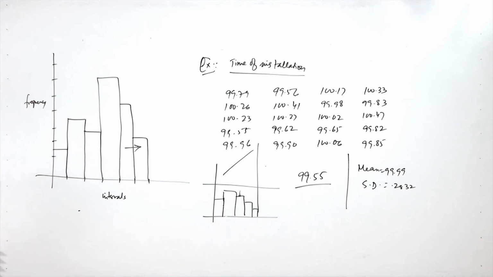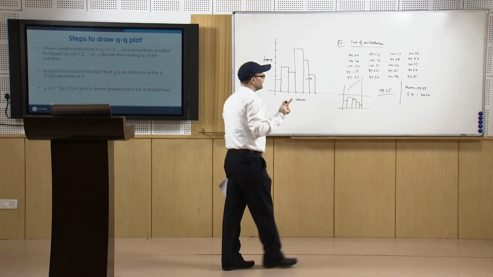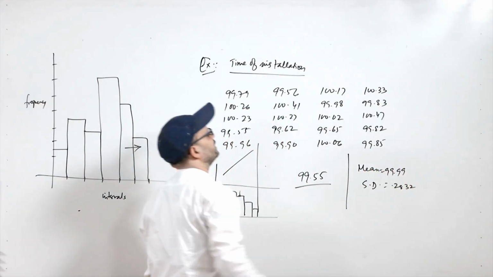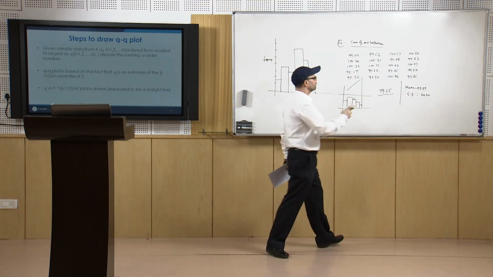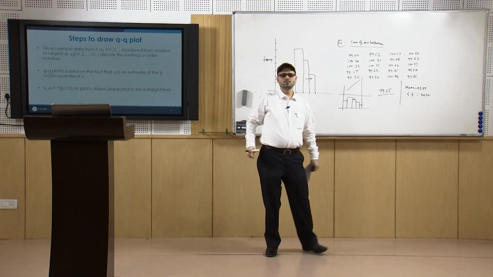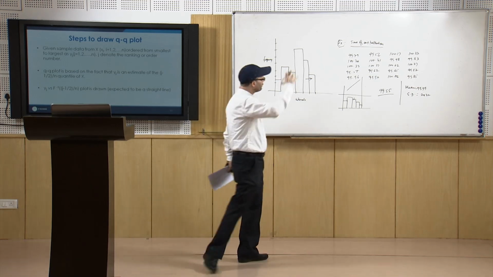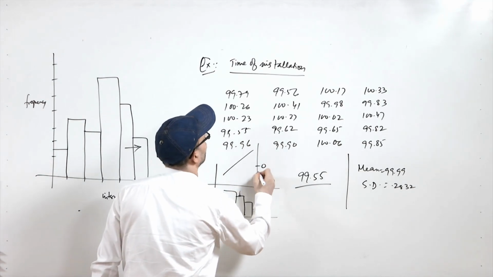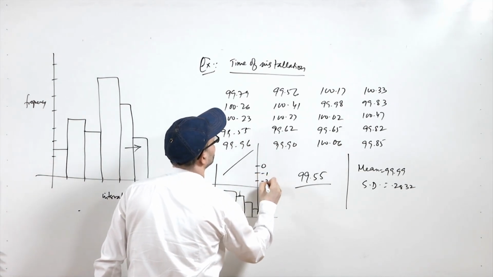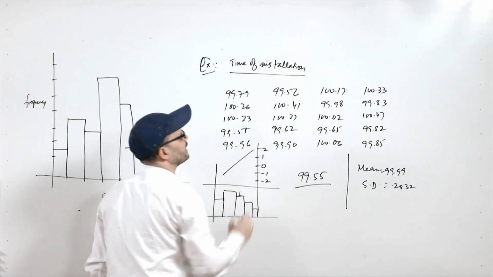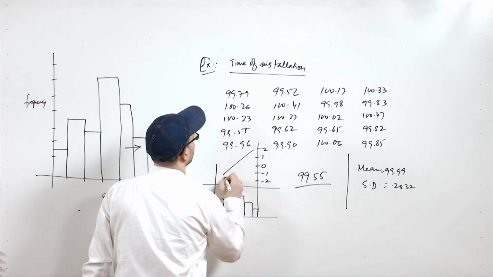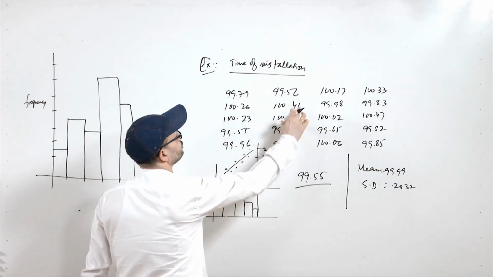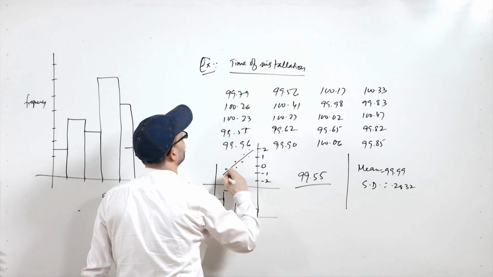So (x minus mu) by sigma is (99.55 minus 99.99) by 0.2832, that is minus 0.44 by 0.2832, which is about minus 1.6. So that will be the minus 1.6 value on the quantile axis, which has 0, minus 1, minus 2, and similarly 1 and 2. This way all 20 quantile values will be computed and plotted.